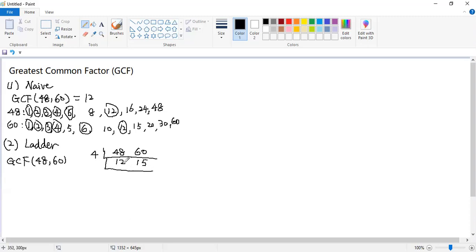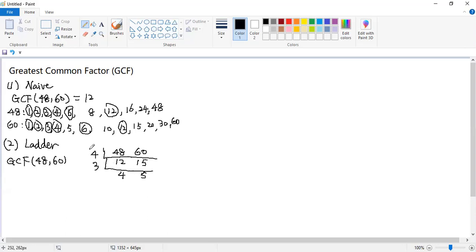We know 3 is a common factor for 12 and 15. So 12 divided by 3 equals 4, and 15 divided by 3 equals 5. At this point, we stop because 4 and 5 have no common factor greater than 1.